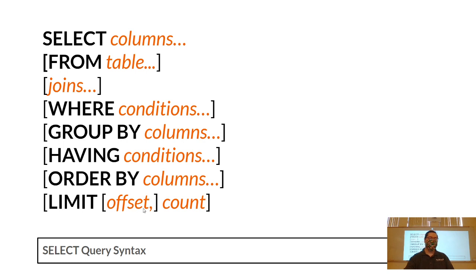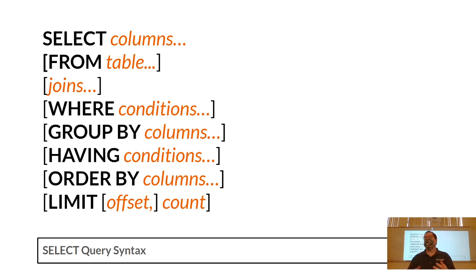The way limit and offset are implemented varies a lot between different versions of SQL. Some versions, it's limit 10, offset 20. SQL Server has a completely different syntax to do the same thing. This is the one that varies the most between different versions of SQL. Other than that, they're mostly very similar.